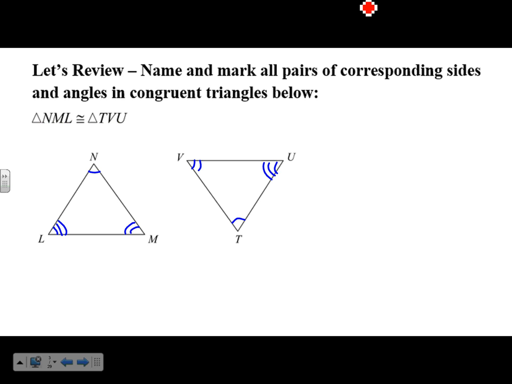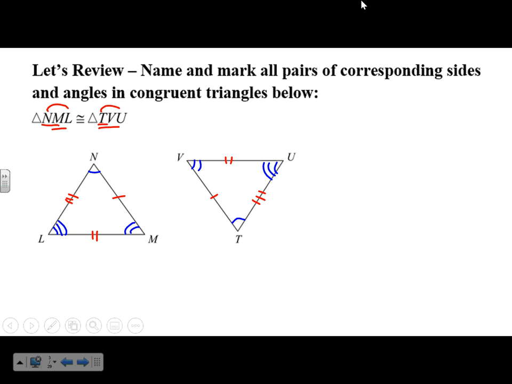But then NM is congruent to TV, NL is congruent to VU, and NL is congruent to TU.